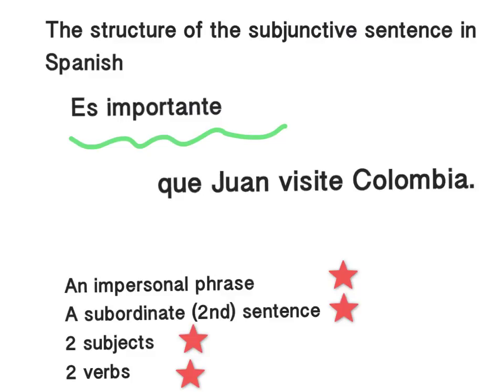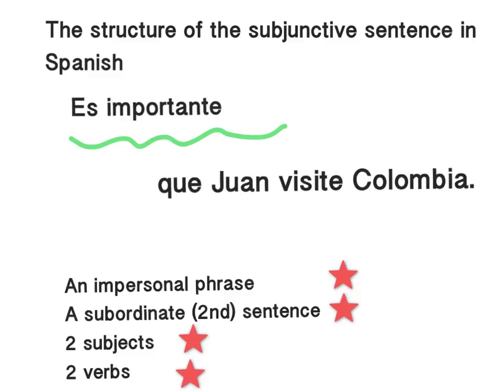There are many impersonal phrases: es importante, es necesario, es fácil, es difícil, es indispensable. Those are impersonal phrases because the subject is implied, it's not clear who is the person speaking. So we are not sure who the subject is, so we call it an impersonal phrase.